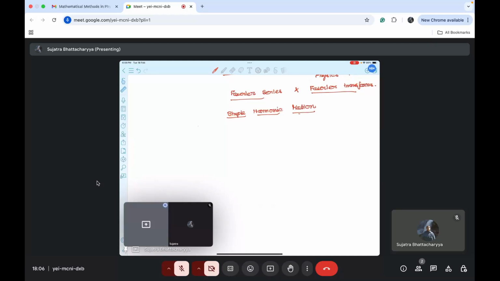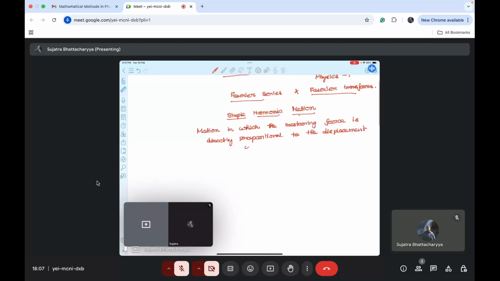If you define it, it is nothing but the motion in which the restoring force is directly proportional to the displacement of any mass or body from its mean position, or original position. So this is the definition of simple harmonic motion.